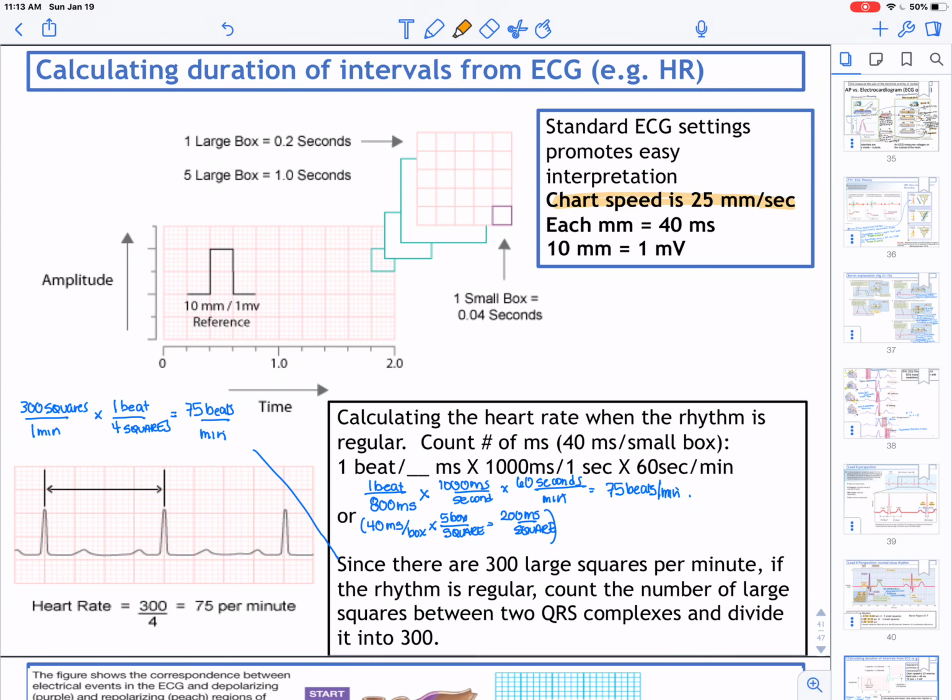They're usually taken at 25 millimeters per second, and that means that each millimeter box, these little tiny boxes, is 40 milliseconds. So 40 milliseconds times 5, because there are 5 little boxes, is equal to 200 milliseconds. And I think I call this a square, and these little boxes, but I may have done it the opposite way.